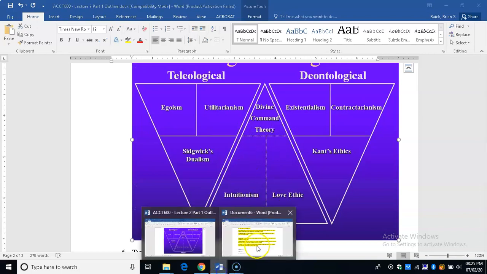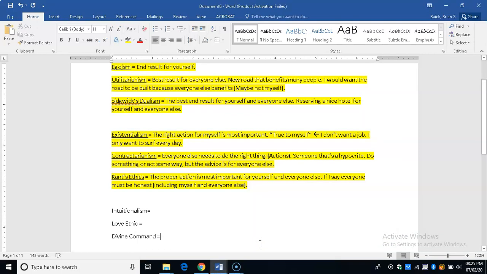Mixed means that you're asking the question, what's the most important thing? Is it the consequence or is it the intent and action? And here, for these 3 approaches, you're saying both are equally important. So if you think that the end result and the action, how you do something, are both equally important, then these are the 3 different approaches you can use.